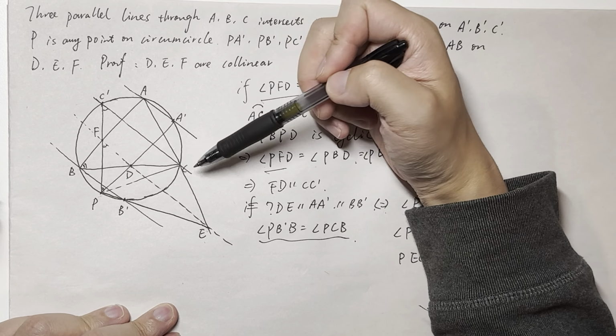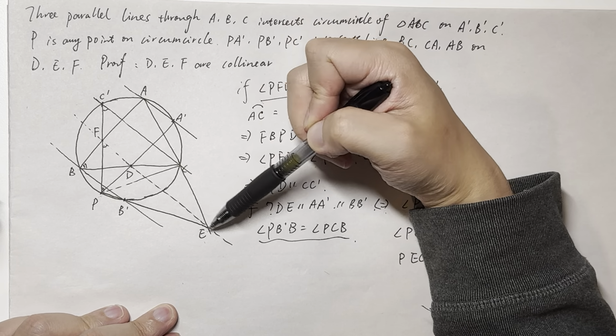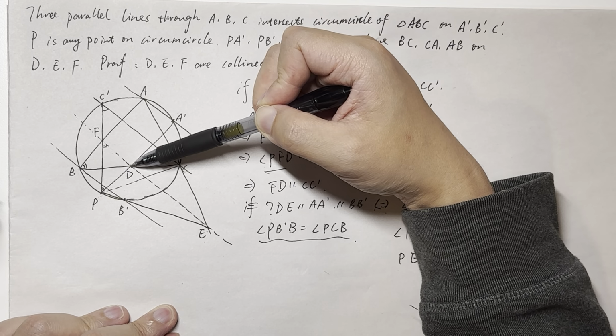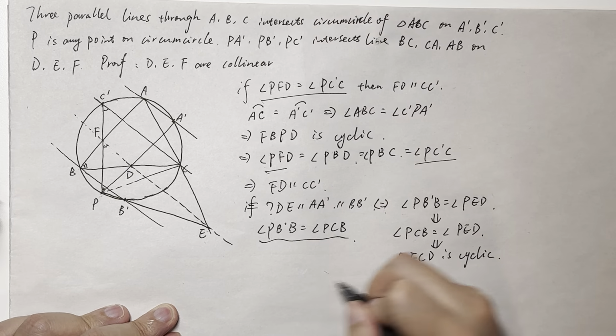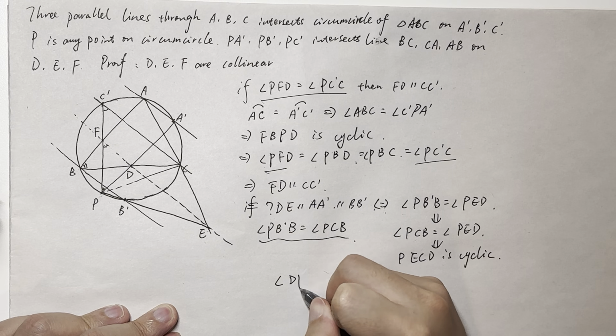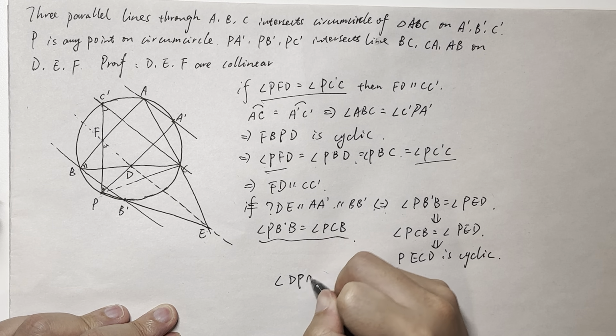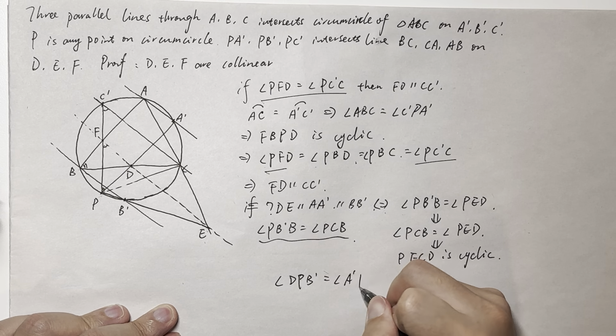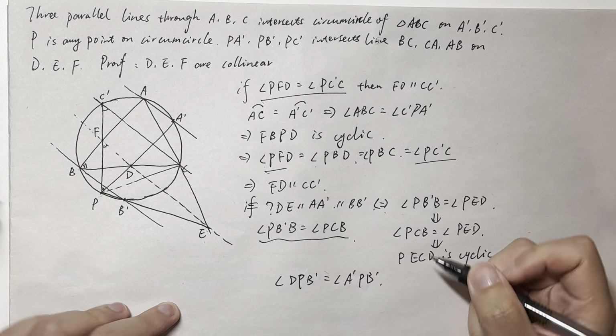So we have the PECD here, right? So if we look at angle DPB prime, or say angle A prime PB prime, right?